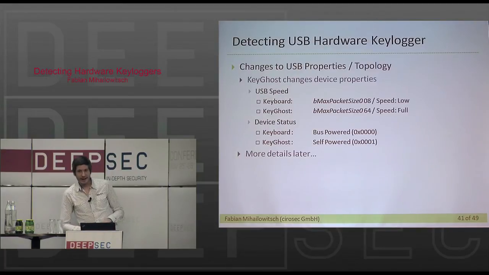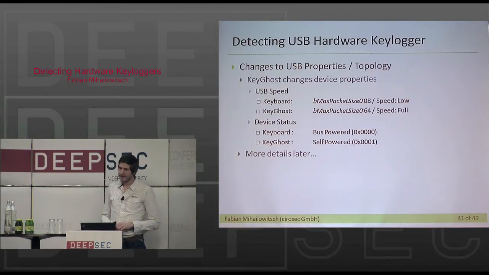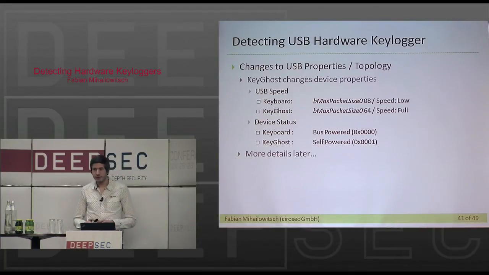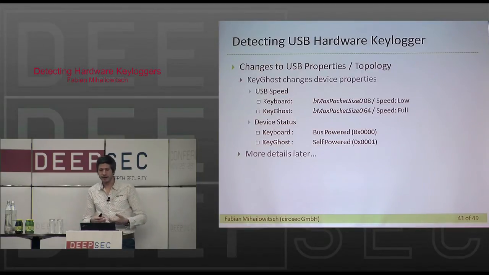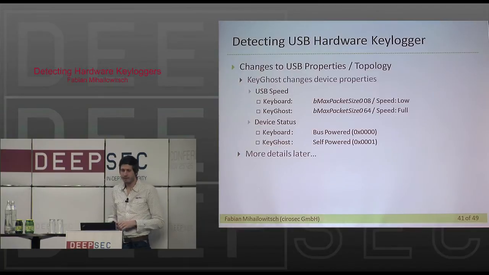The next thing is the key ghost model. It changes device properties. Like if you only plug in your keyboard, I have a packet size of 8 bytes, which is like a low-speed USB device. However, if I plug in key ghost, my device properties suddenly change to a packet size of 64 bytes, which represents a full-speed device.